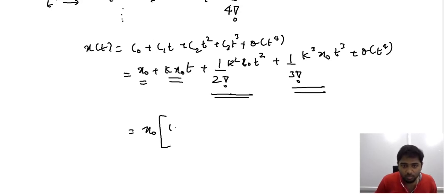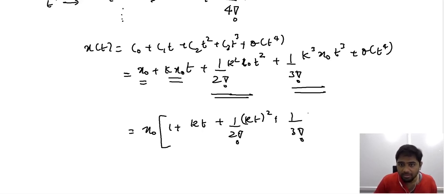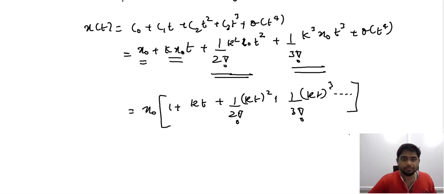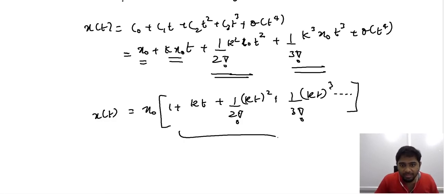Then you end up having 1 plus kt, plus 1 by 2 factorial kt square, plus 1 by 3 factorial kt cube, and it goes on forever. Ultimately this is the expression for x of t, that is the number of nuclei at a given time t. This we have already seen.